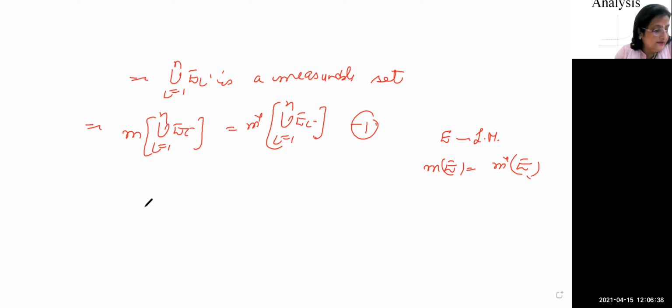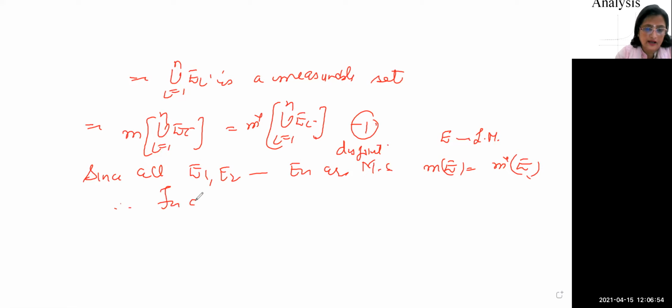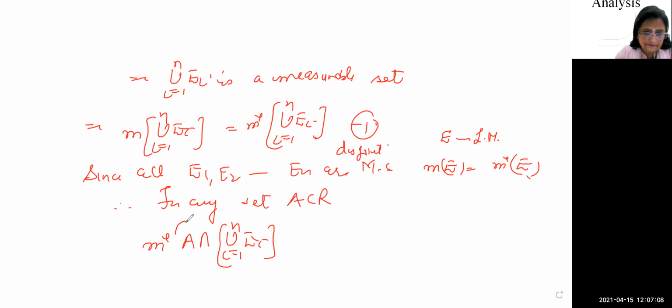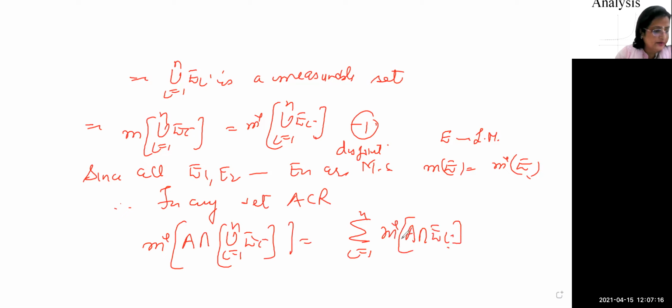Since E1, E2, up to En are all disjoint measurable sets, therefore for any testing set A contained in R, we have already proved that m star of A intersection the union of Ei, i running from 1 to n, is equal to the summation i running from 1 to n of m star of A intersection Ei.